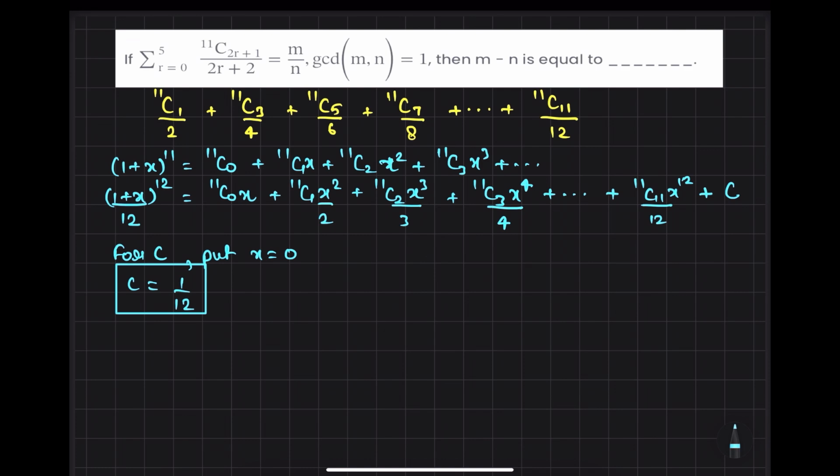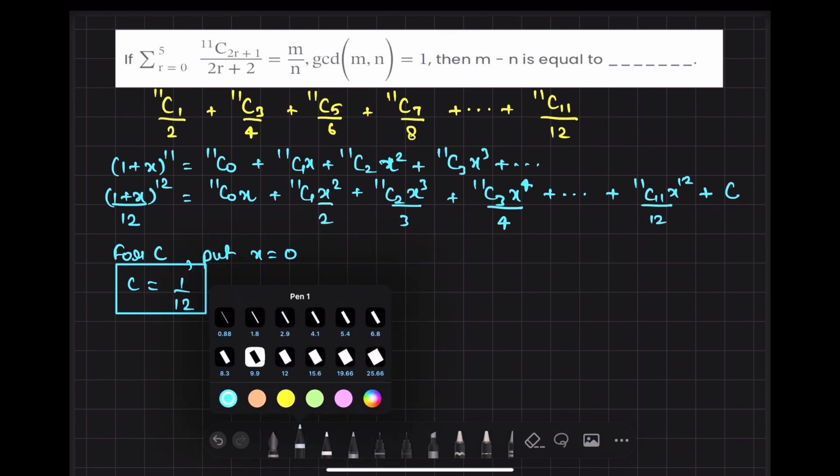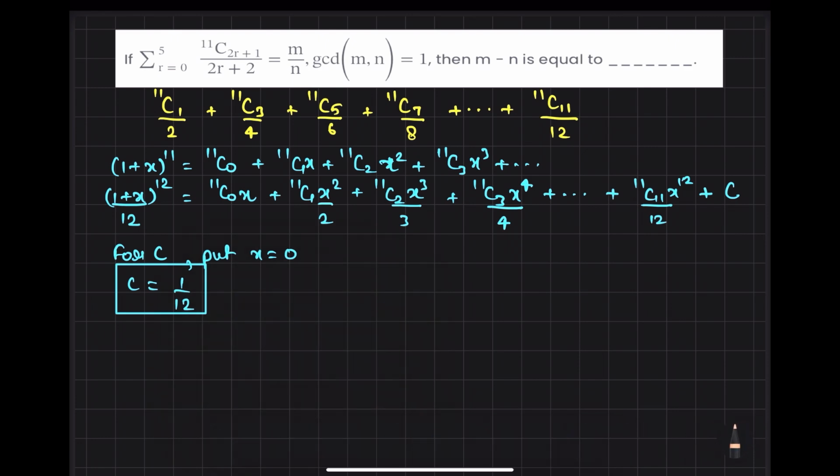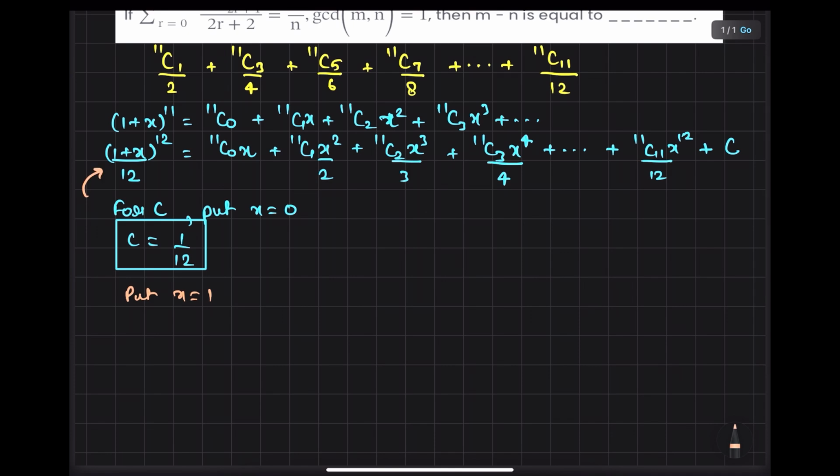Now look at this, how we will get odd lower subscript. After doing integration, put x equals 1. So if we put x equals 1 in this equation, it is 2 power 12 by 12 is equal to 11c0, 11c1 by 2, 11c2 by 3, 11c3 by 4, 11c4 by 5 dot dot dot.